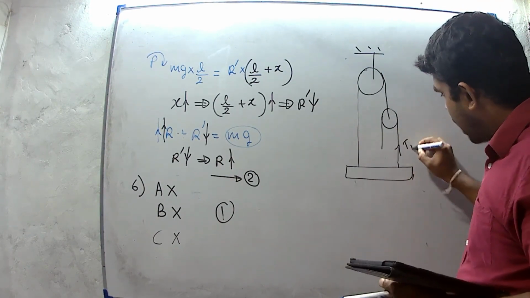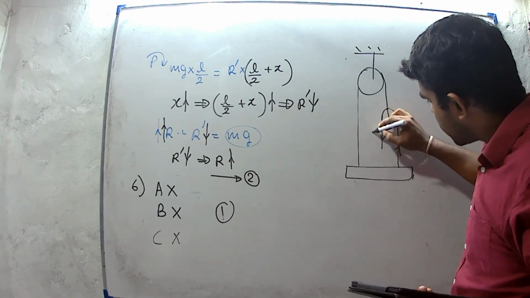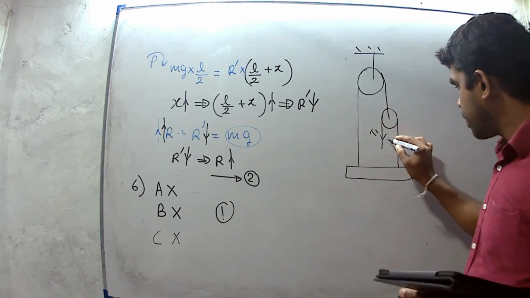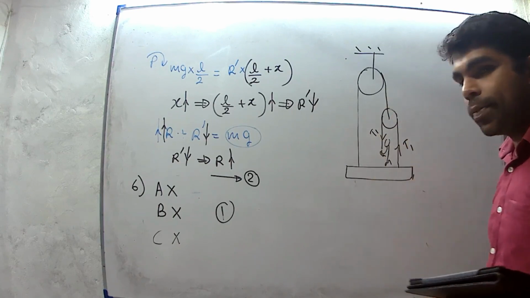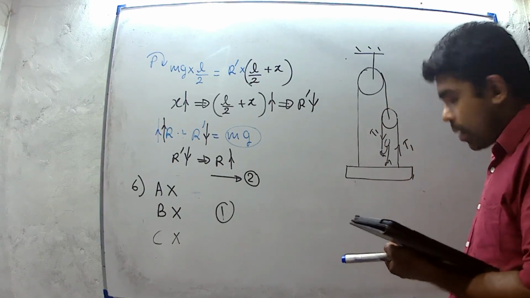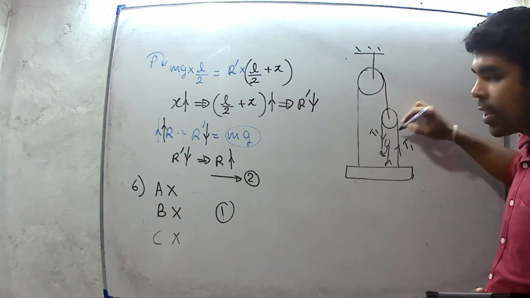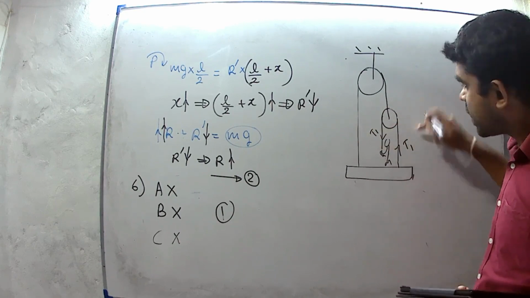Tension 1. It is acting up to this stage. Then tension 1 is the force given by the man to the rope. And when considering equilibrium of this pulley, there are 2 forces in the downward direction.